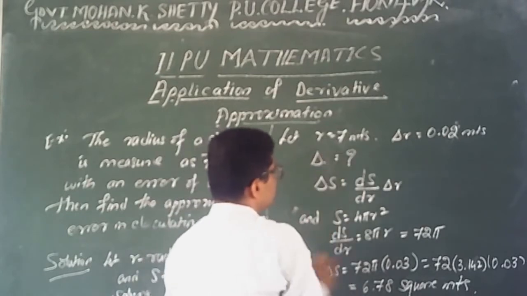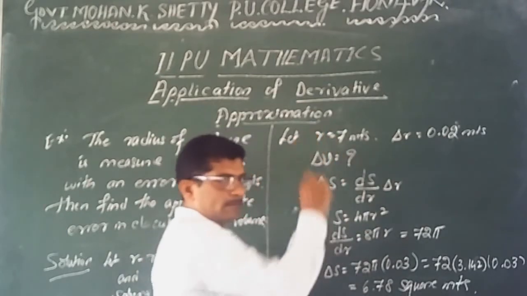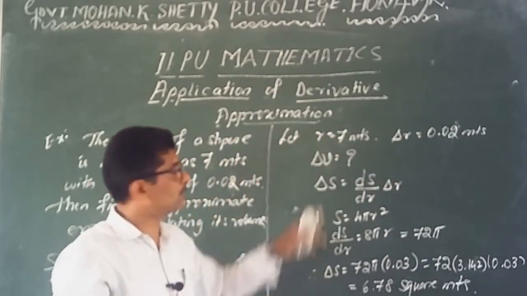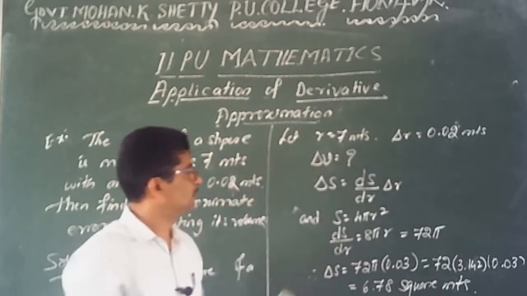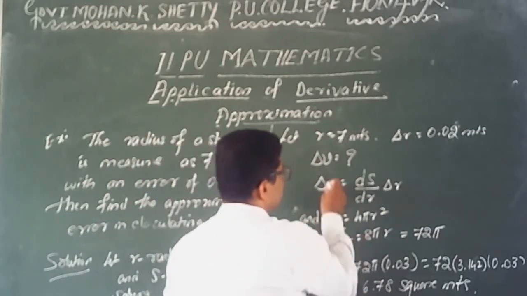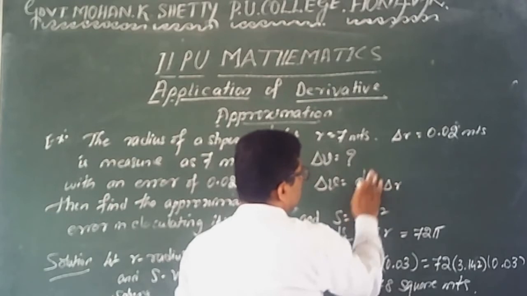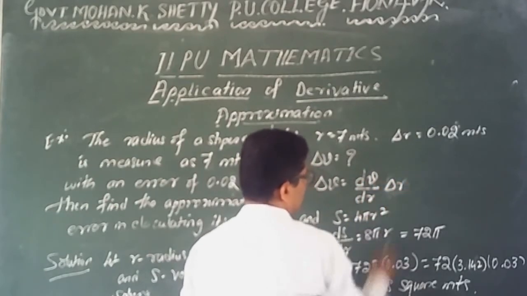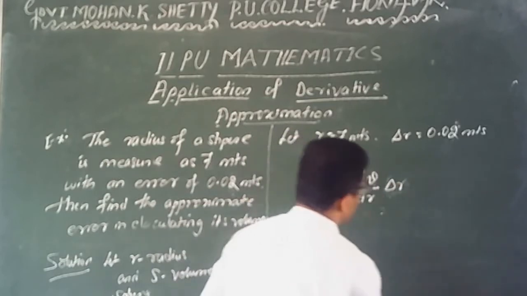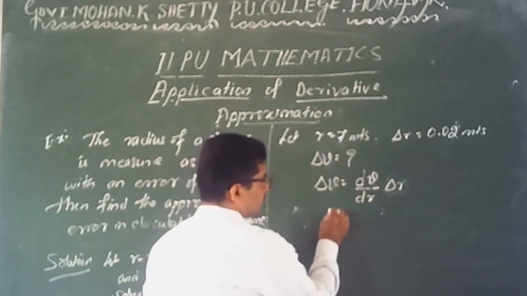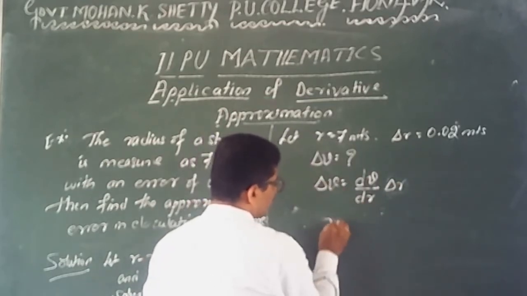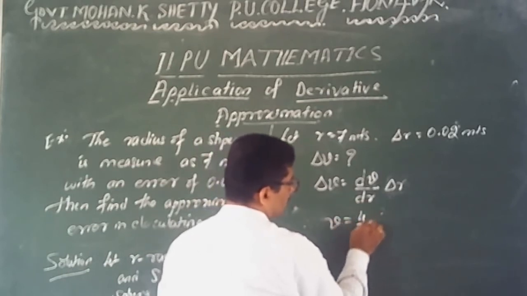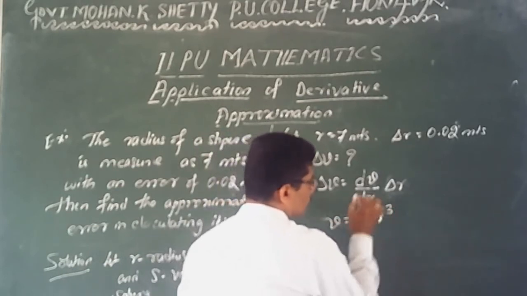Here we are finding the error in calculating the volume. Then you know that delta V is equal to dV upon dr into delta r. It's clear? Here you know that V is equal to 4 by 3 into pi r cube.